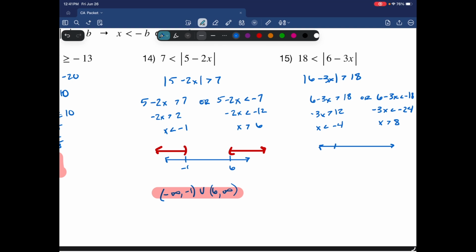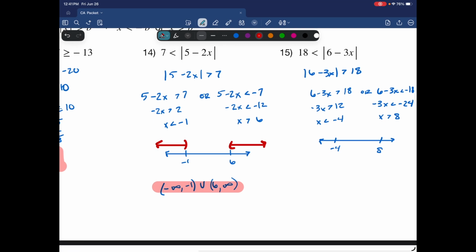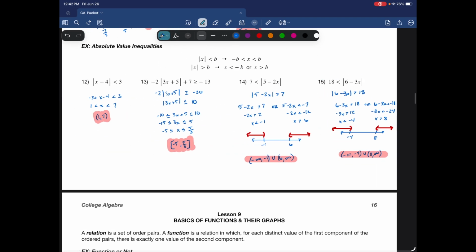All right, so we got negative 4 on one side, 8 on the other. We got less than and greater than, so parentheses, shade to the left, parentheses, shade to the right. And so that's going to be negative infinity to negative 4, parentheses, union, 8 to infinity, parentheses all the way around.